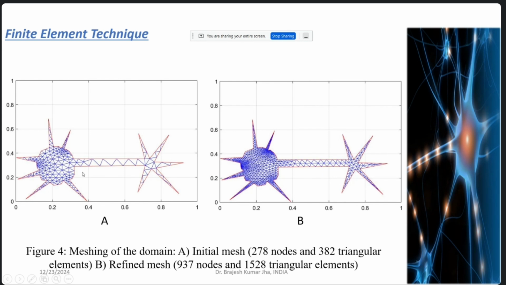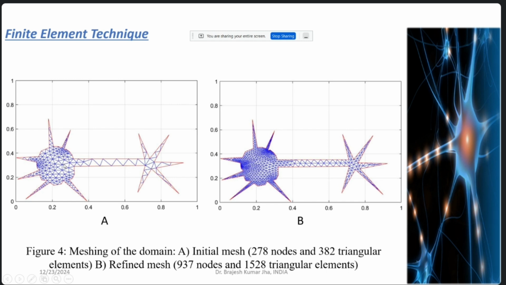The initial mesh has 278 nodes and 382 triangular elements. But in the finite element technique, what happens?